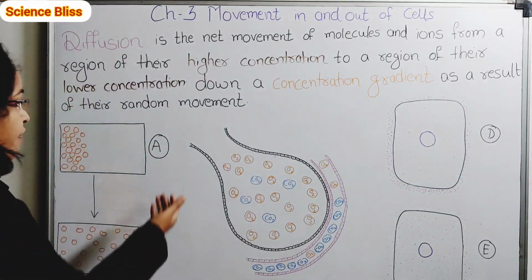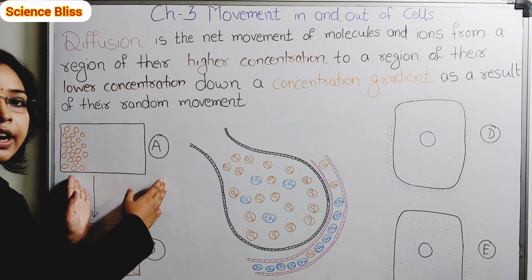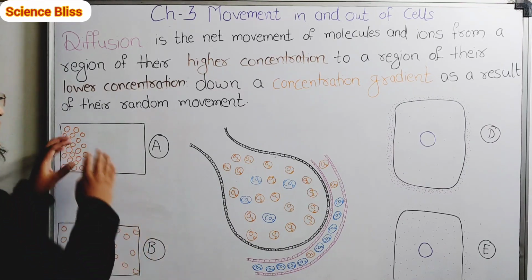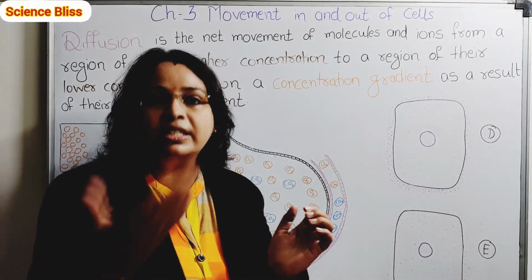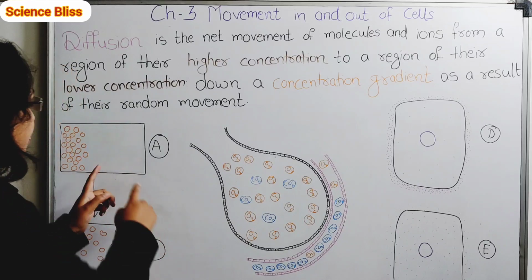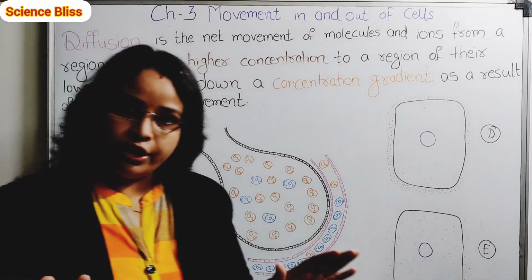Like that, we can see an example in this figure. As we can see in figure A, the molecules are concentrated at one point. After some time, they have diffused out and spread evenly, and image B is showing the even distribution of molecules.